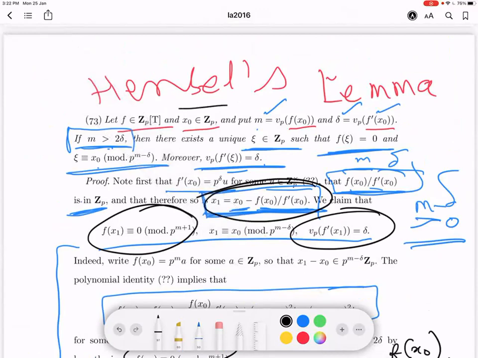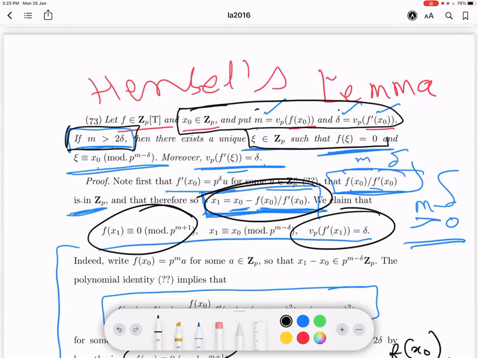So you have to start with an x0 such that m and delta satisfy these conditions. If you have such an x0, then you can improve it step by step to an actual root. That is what Hensel's lemma says.